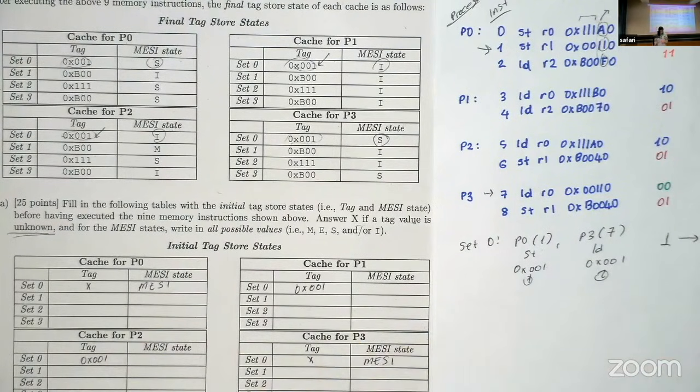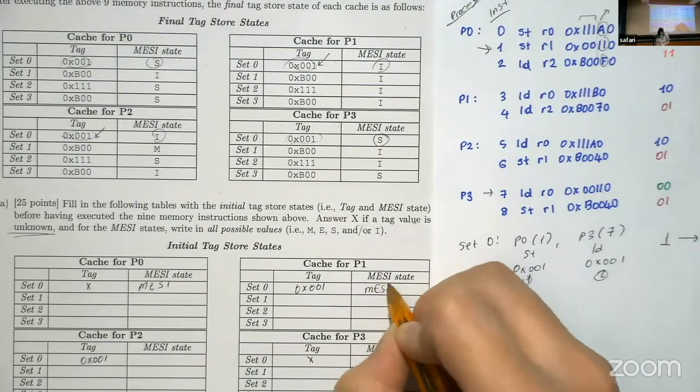And we again don't know the states, because in the beginning any of these processors could have done anything to it, written back to it, or they could also have both read it and have shared states. So again, all states are possible.